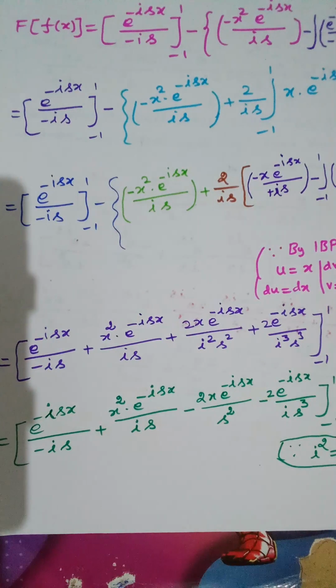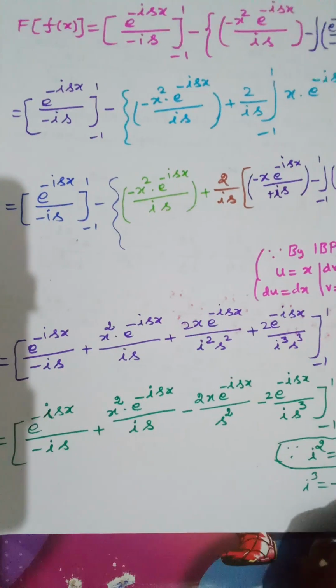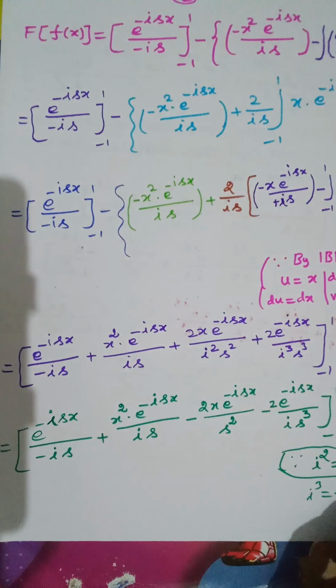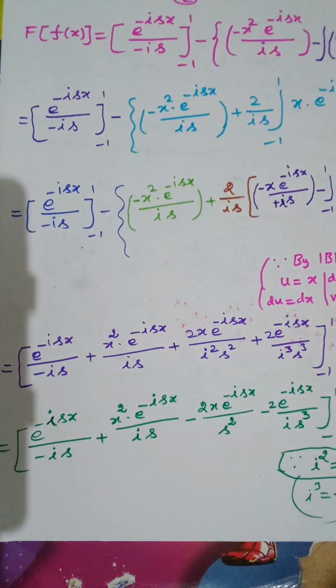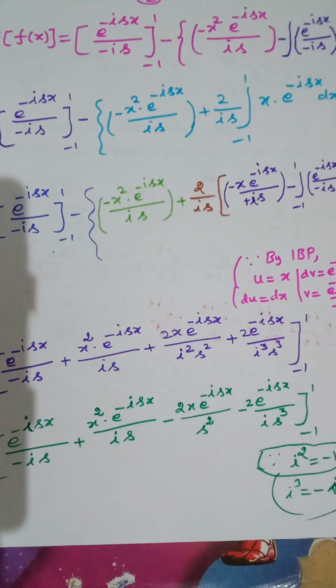And go to the last one, i cubed. i cubed will be minus i. Minus i is the answer, isn't it? Okay. So i cubed will be minus i. So I have written here. So the last term becomes minus 2 into e power minus isx by i s cubed, over the interval minus 1 to plus 1.